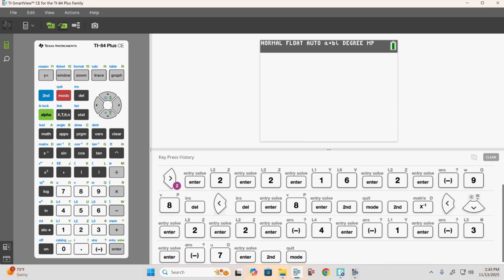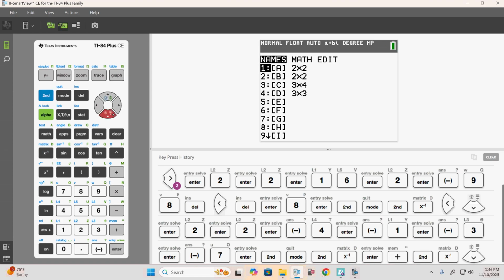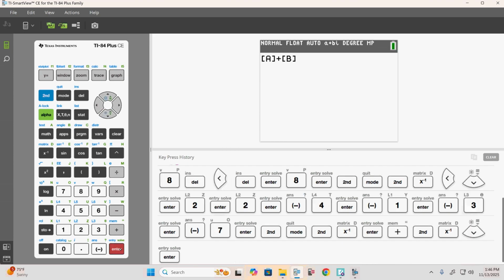Once we got the second one typed in, we went second quit. Now what we're doing is we're taking matrix A, because the first list of matrices lets us recall them. So I say A plus B is 12, 1, negative 12, 1.